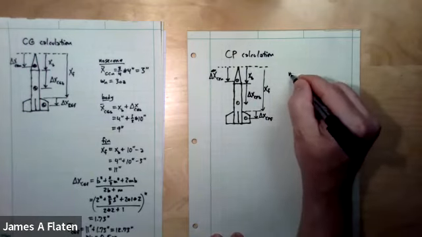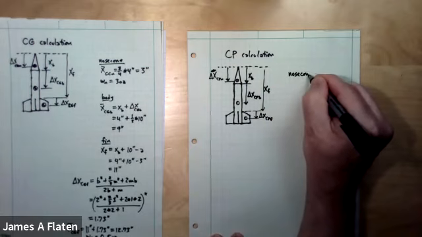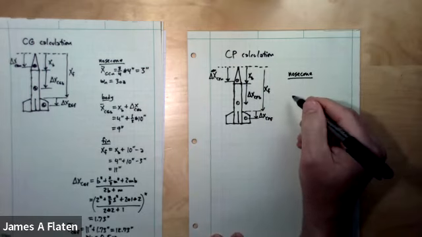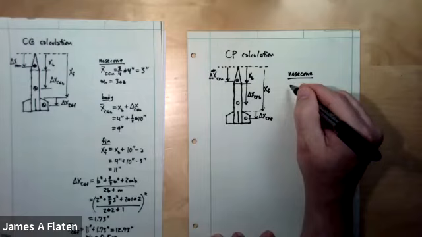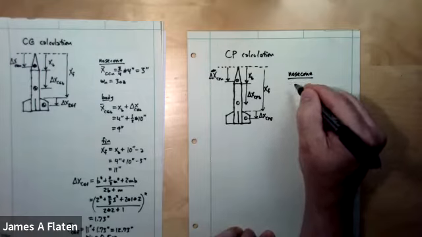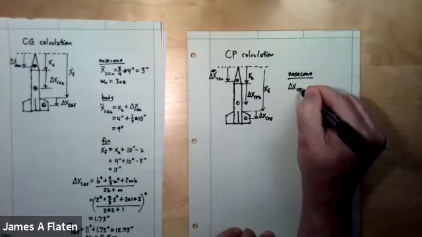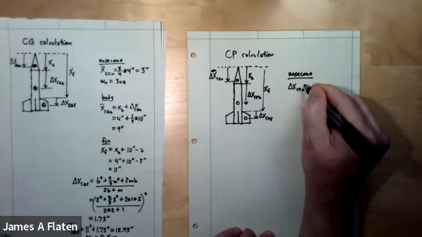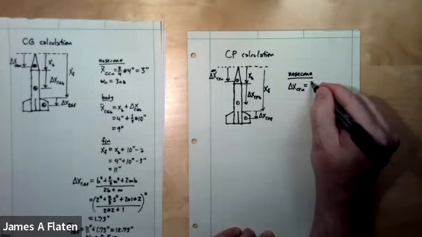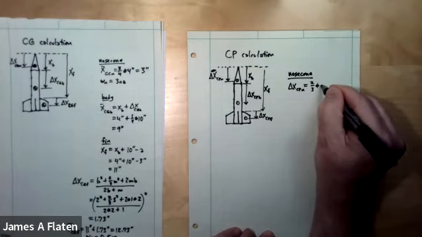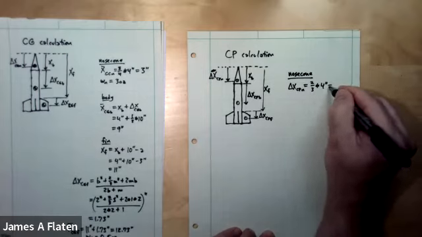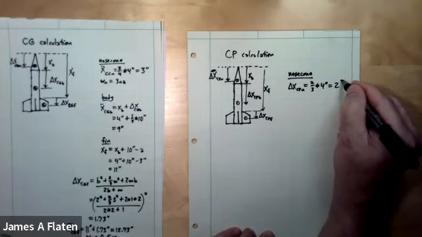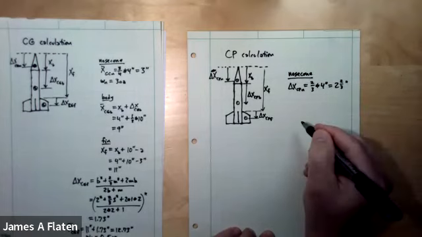So, nose cone. The distance into the nose cone for this shape of nose cone is 2/3 times the length of the nose cone. Okay, so that would be 2 2/3 inches.